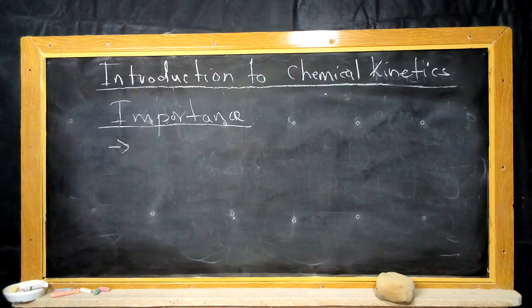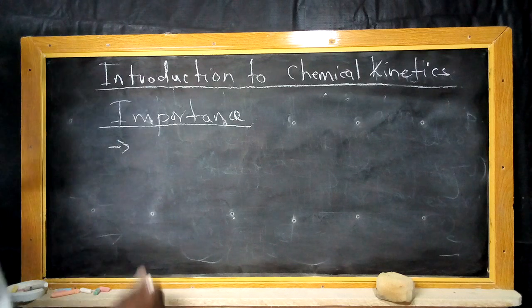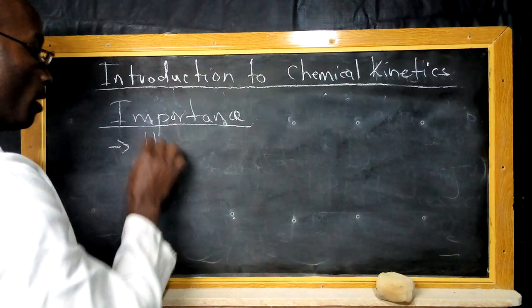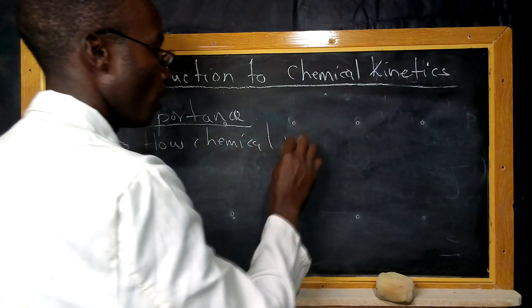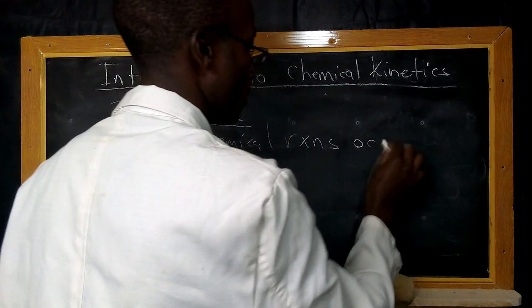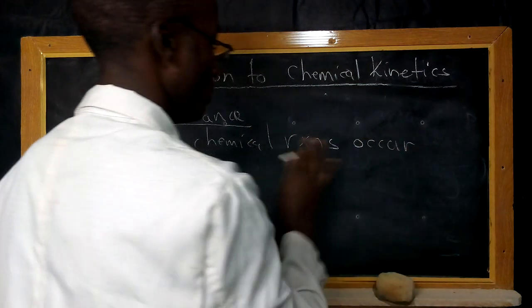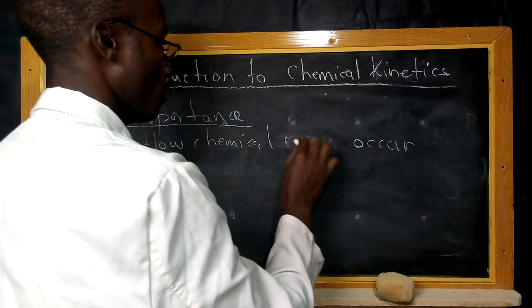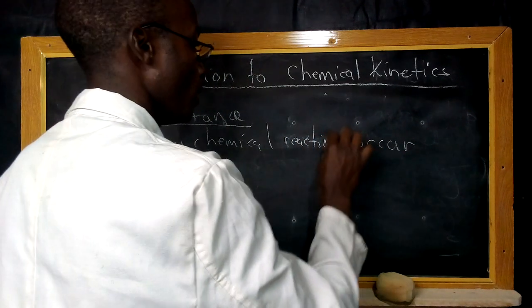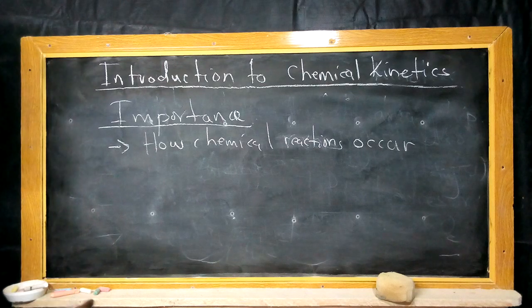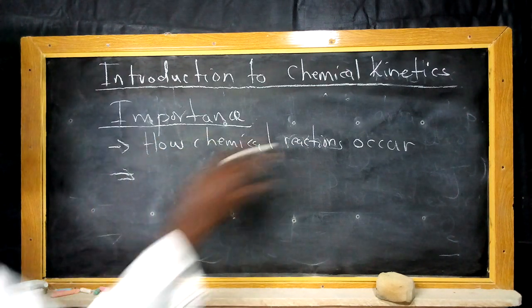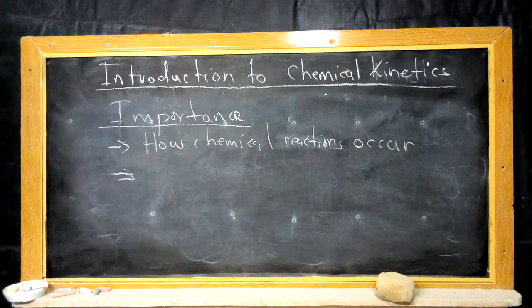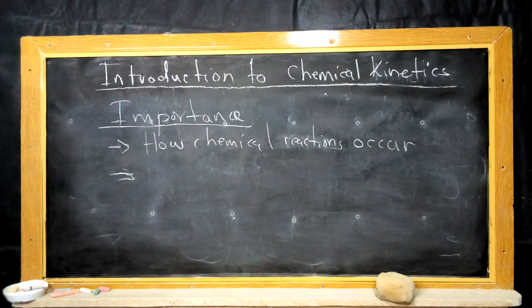In this case, chemical kinetics is going to assist us to understand how chemical reactions occur. So the study of chemical kinetics is going to assist us in having a comprehensive way of looking at how chemical reactions occur.